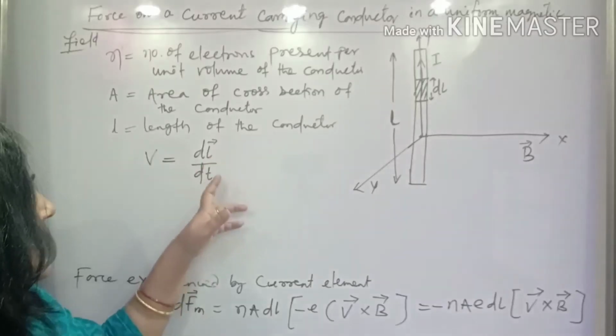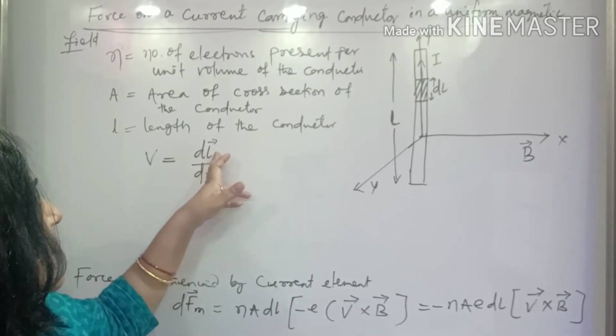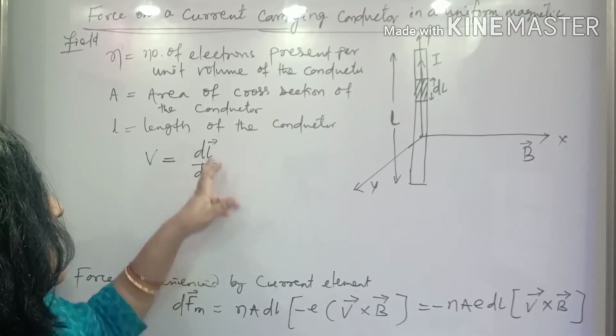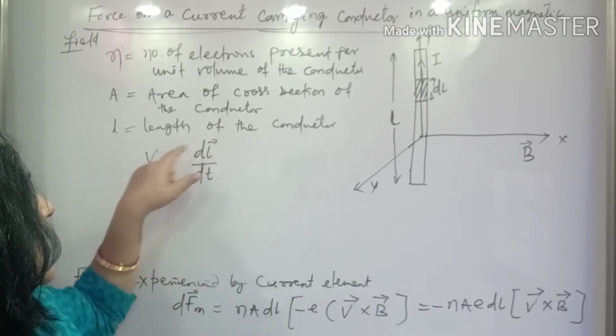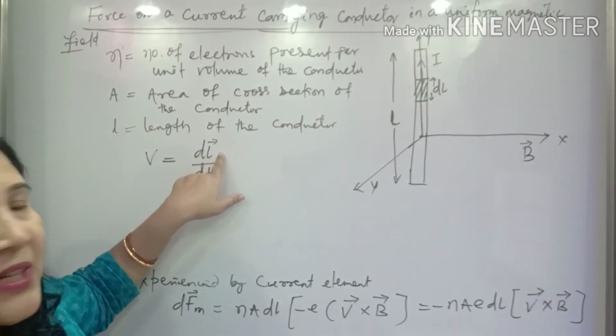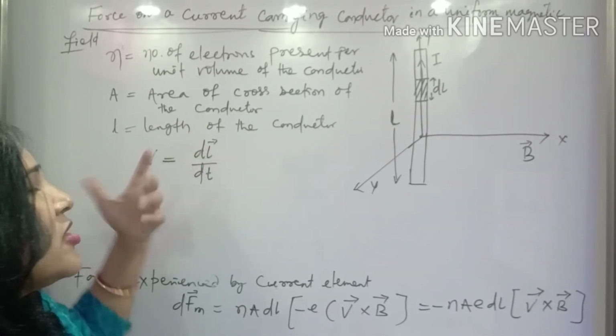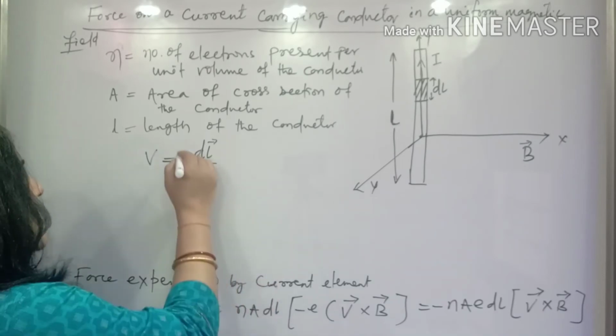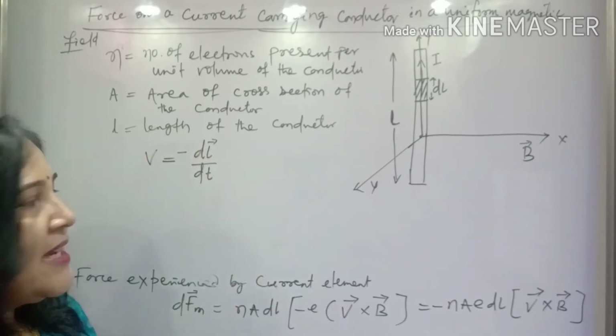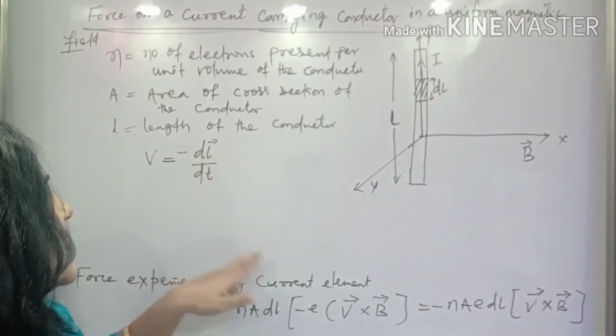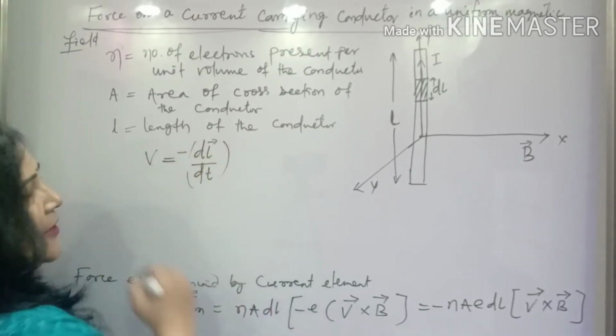But since it is a current element, and its direction is the direction of the current, V's direction is always opposite to the direction of the current. So that's why this will be given a negative sign. So V will be equal to minus dl by dt.